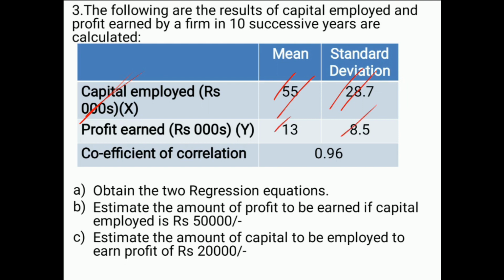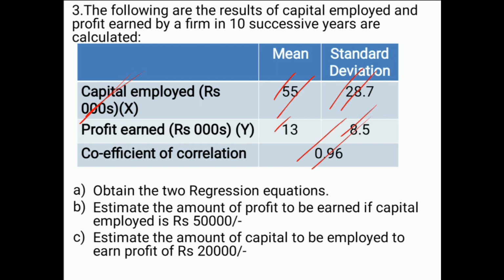Coefficient of correlation is given as 0.96. I already explained this in the previous problem. Coefficient of correlation between two values being 0.96 and positive means there exists a high degree of positive relationship between the two variables.